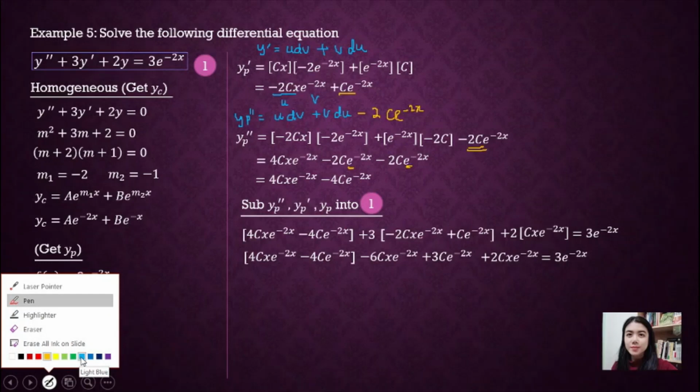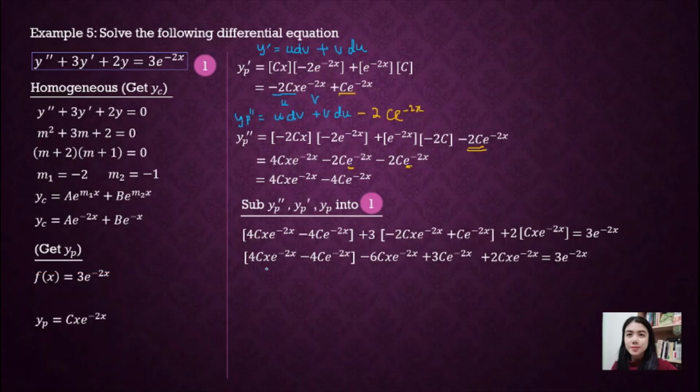Let me use the blue color. In here you can see that I have the xe negative 2x, I have the xe negative 2x, and I have the xe negative 2x here. So they are all the same terms. Since they are all the same terms, you can focus on the things in front of it. So we have 4c, minus 6c, and plus 2c.